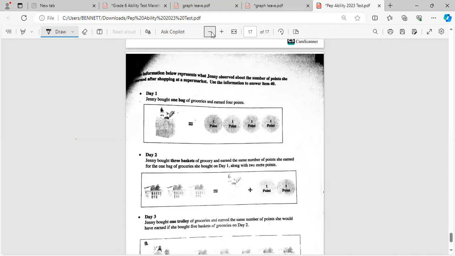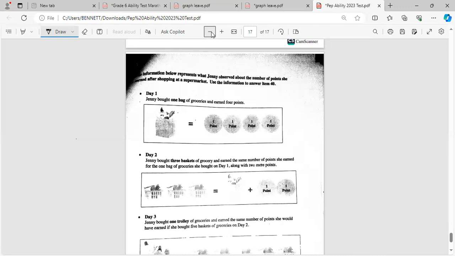On day one, Jenny bought one bag of groceries and earned 4 points. So this bag is equal to 4 points. Day 2, Jenny bought 3 baskets and earned the same number of points as the bag of groceries she bought on day 1 alone, with 2 more points.